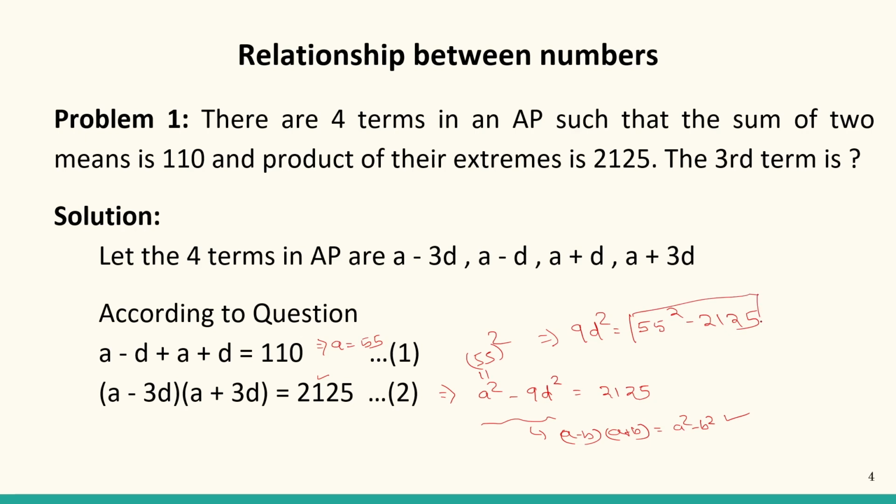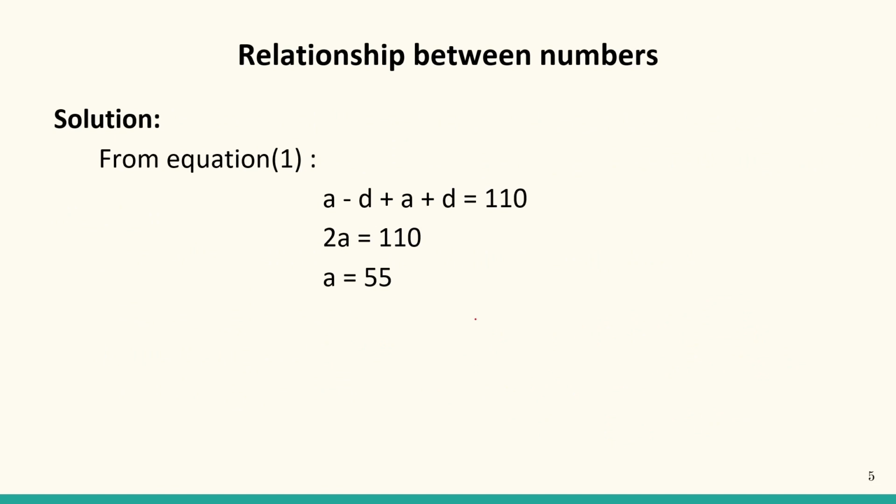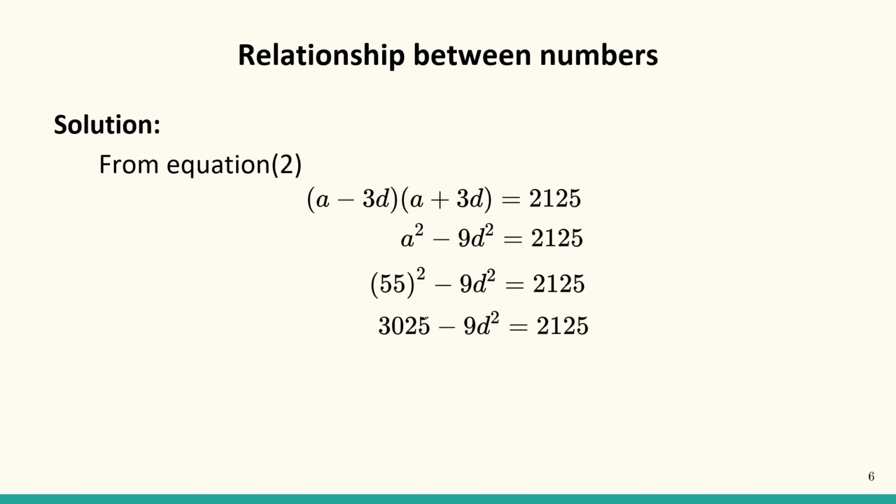So d square is nothing but 55 square minus 2125, whole by 9. 55 square is 3025, so 9d square is equal to 3025 minus 2125, which is nothing but 900. So d square is 900 by 9, that is 100.